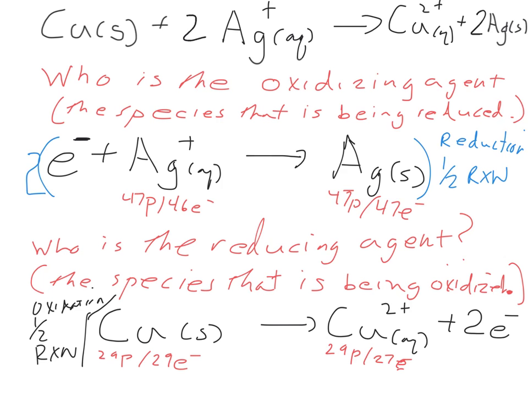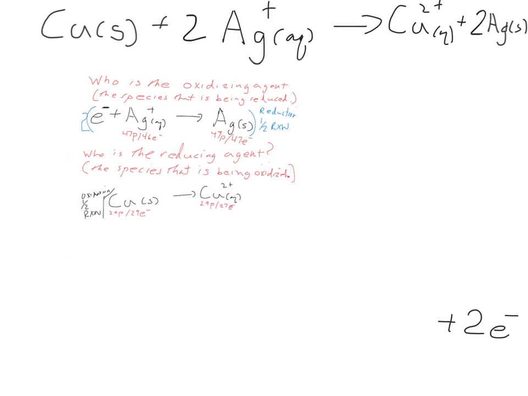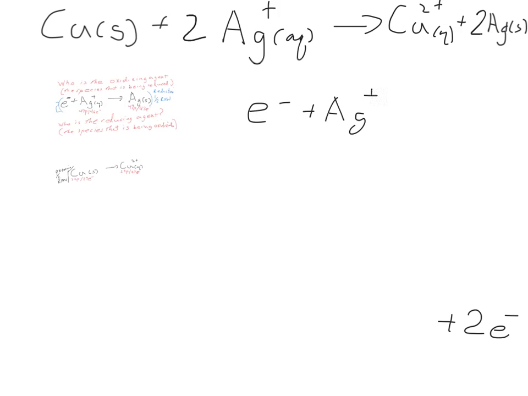For example, a concept that's going to become really important to us as we move forward in chemistry is the fact that you can add chemical equations together just like you can mathematical equations. When we balance redox reactions, we always add these half reactions in such a fashion that electrons cancel out.